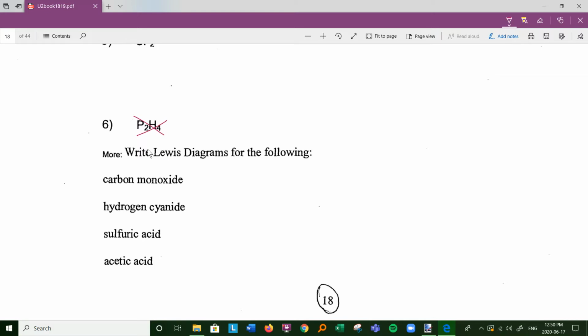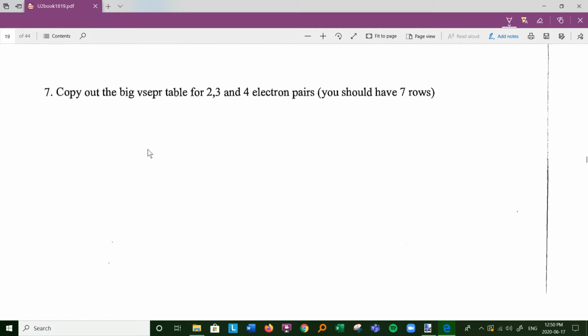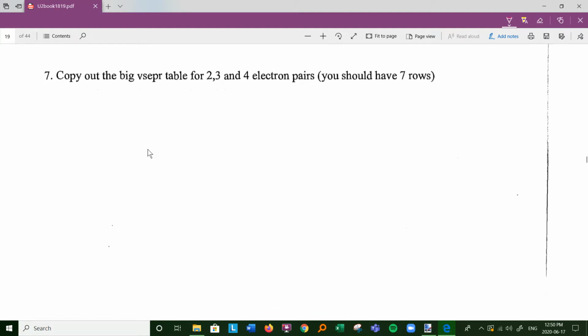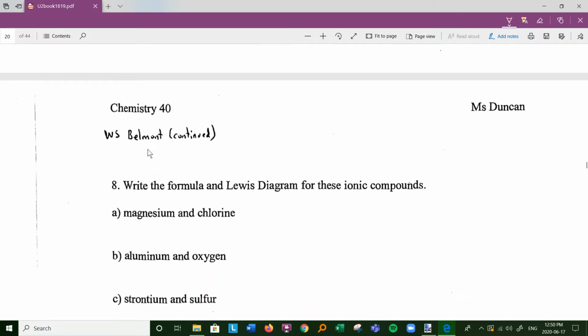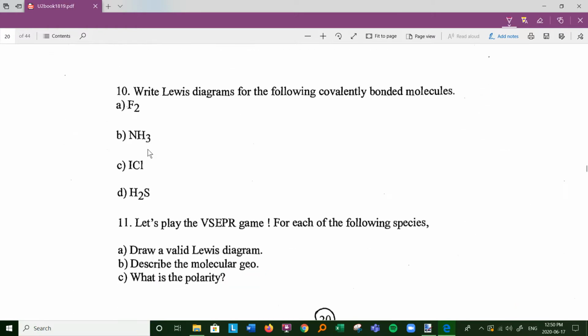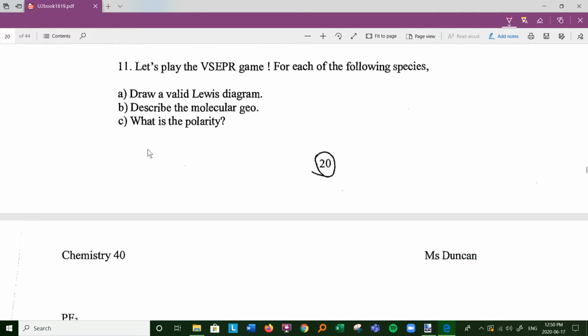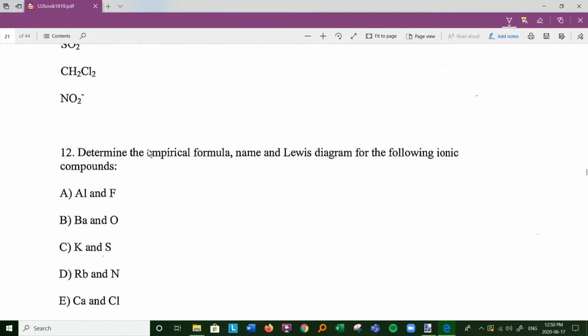Some more practice on writing some Lewis diagrams. Copy out a big VSEPR table that you can find. That's just good practice to get you organized, including whether something is polar or not. Here's some more stuff with worksheet Belmont. Playing the VSEPR game, getting the polarity for various examples.